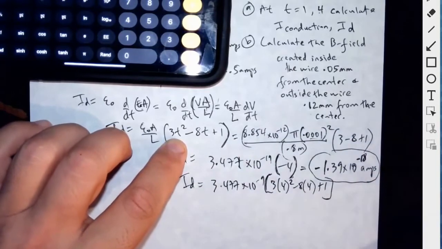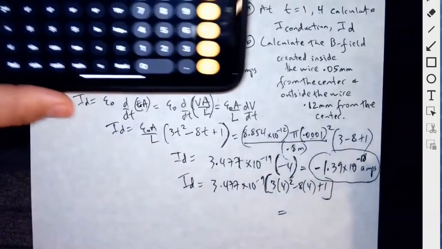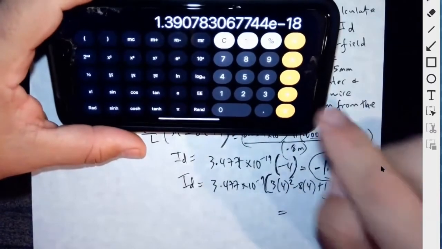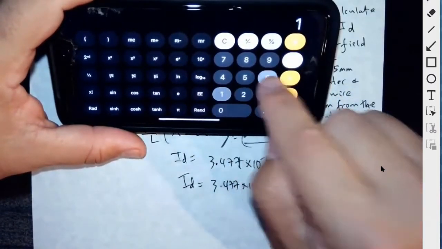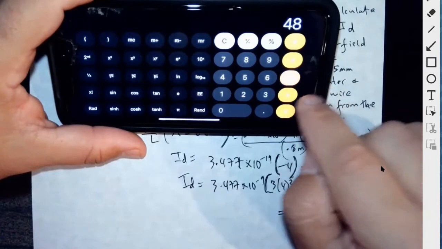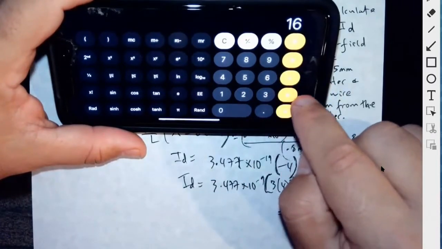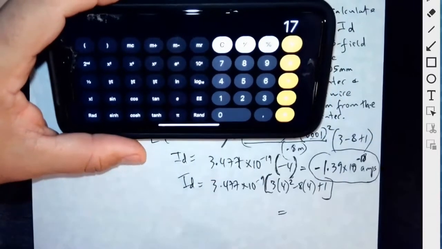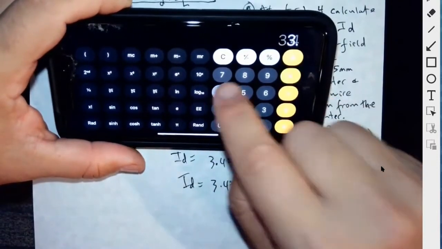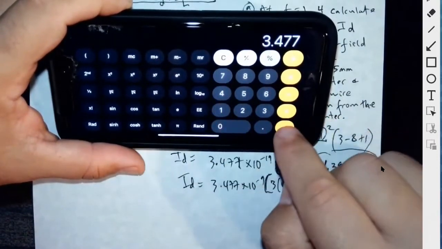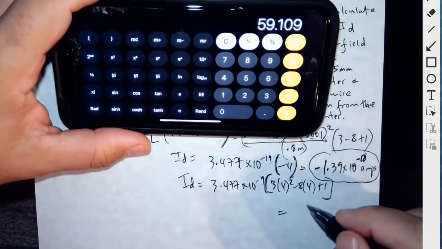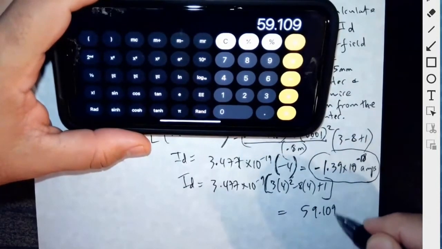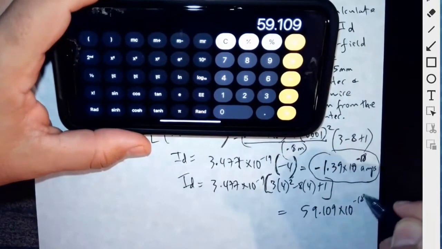It's probably going to be positive. So 3 times 16 minus 32 plus 1, times 3.477, so 59.109 times 10 to the minus 18 amps.